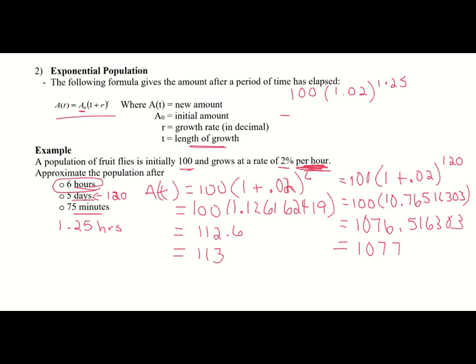It gives me 100 times 1.02506219. And I multiply that by 100, it gives me 102.506219, which we would round to 103 fruit flies.